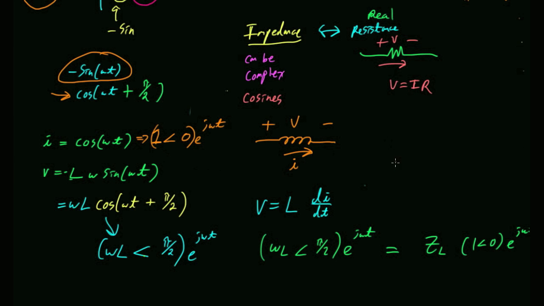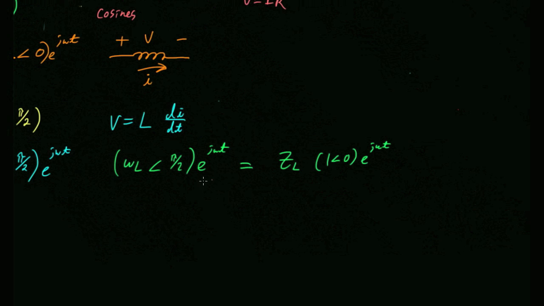Okay, can I solve for the complex impedance of my inductor? Yes! What happens to the j omega t's? Gone, right? Those cancel out. So what am I left with? I've got this phasor divided by that phasor, so it's two complex numbers that I'm dividing. How do I work that? Let's start with the magnitude.